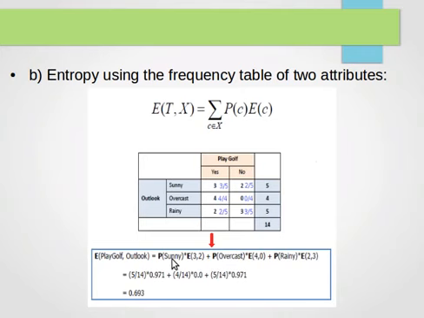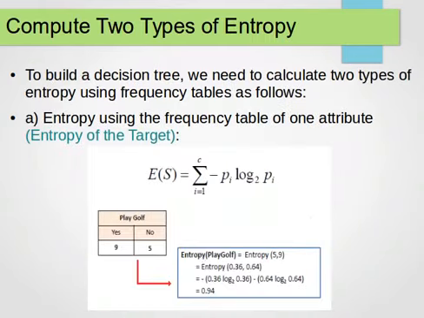Now if we plug those in, the probability of sunny is 5 over 14, the probability of overcast is 4 over 14, the probability of rainy is 5 over 14, and for the entropy of 3 and 2, we use exactly the same concept as we mentioned here. We use the same idea here: the summation of minus p log to base 2 p for each of them.